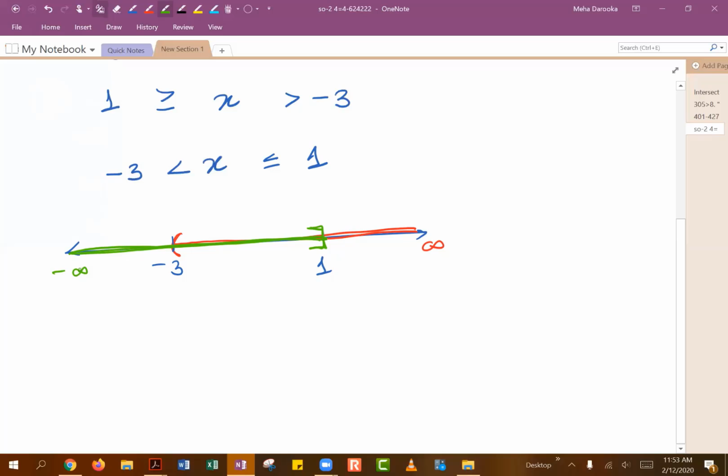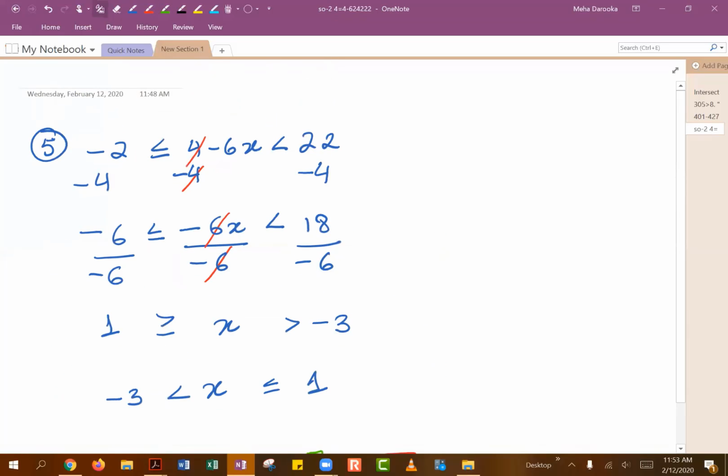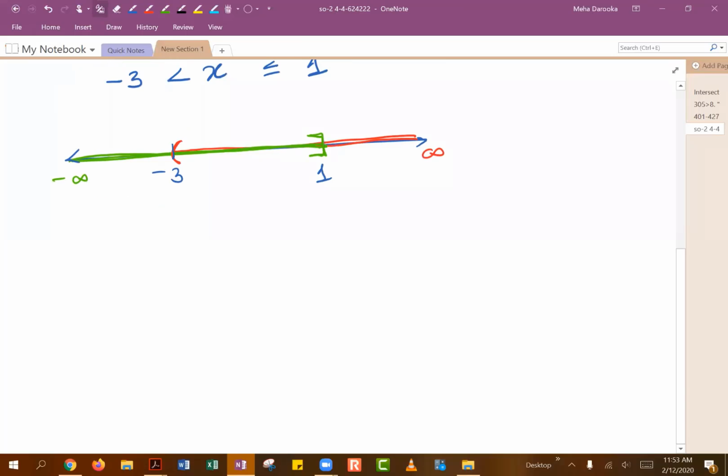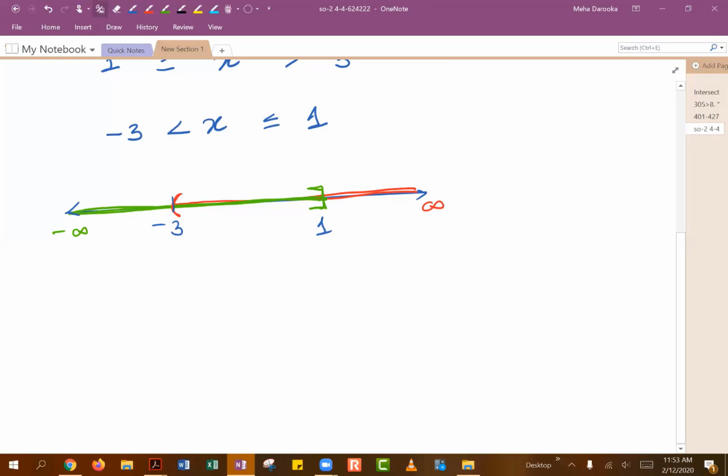So as I was mentioning, by default, these three-part inequalities are the "and" inequalities. And means intersection. So when we actually write the solution set, we're only interested in this part here where the two sides are overlapping. So we're going to ignore this left-hand side, ignore this right-hand side, and we're only going to stay in between those numbers.